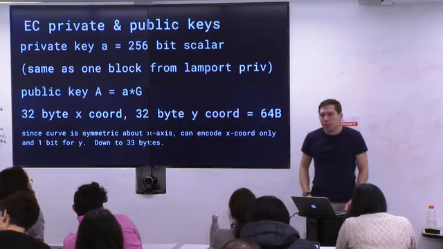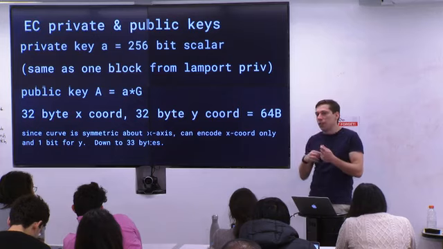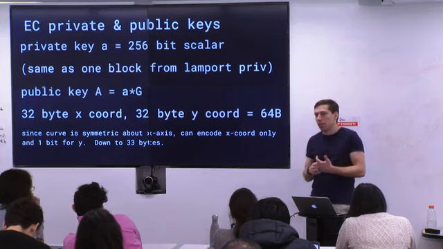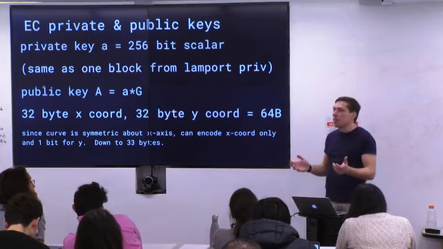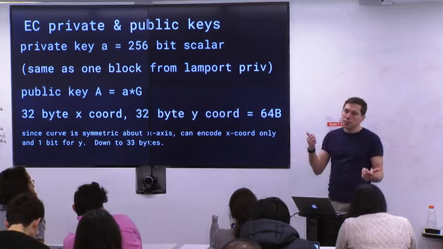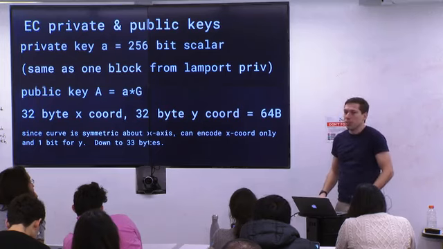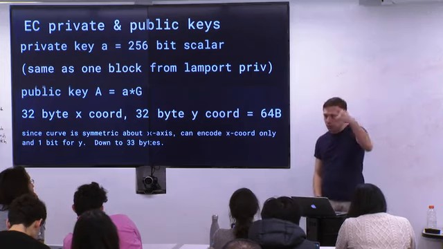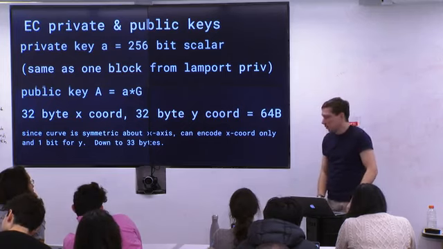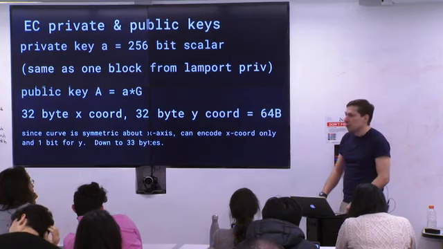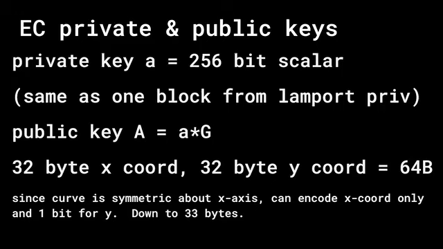But the thing is, the Y coordinate does affect some of the things like signatures, things that you'll later use. So you can just say, okay, implicitly Y bit is positive, and you lose 1 bit of security because there is a difference between the positive and negative thing if you're doing signing. But yeah, some systems do that and it makes things easier. There's some signing systems that do that.